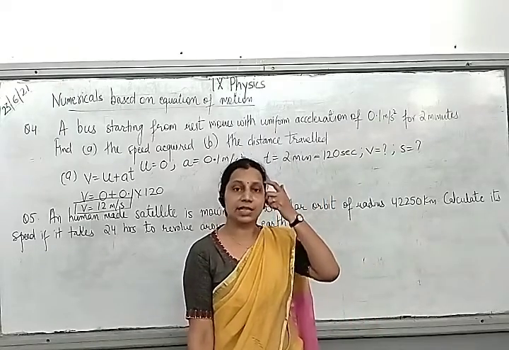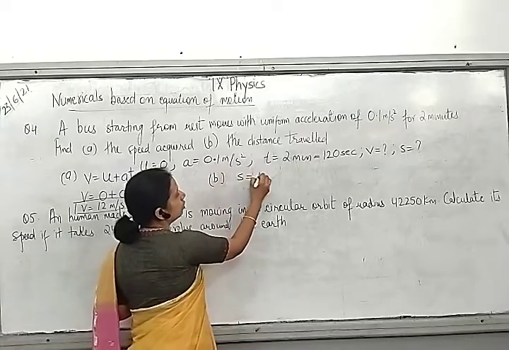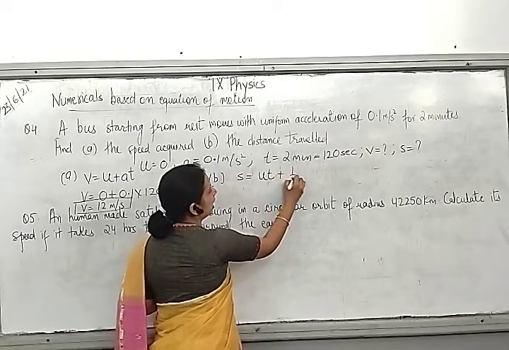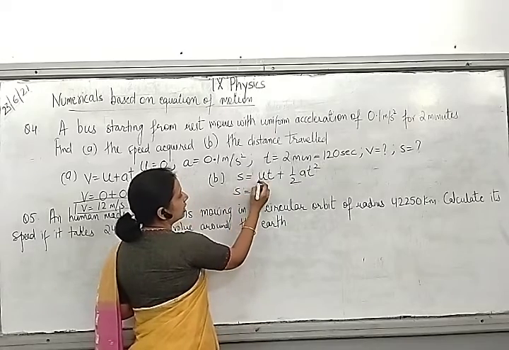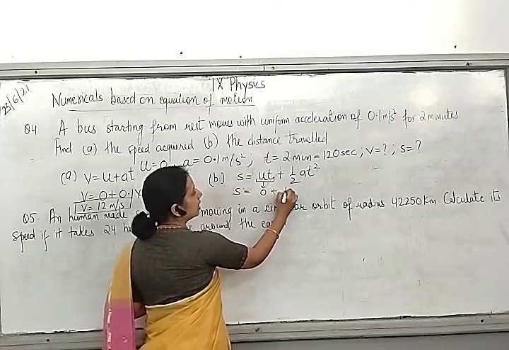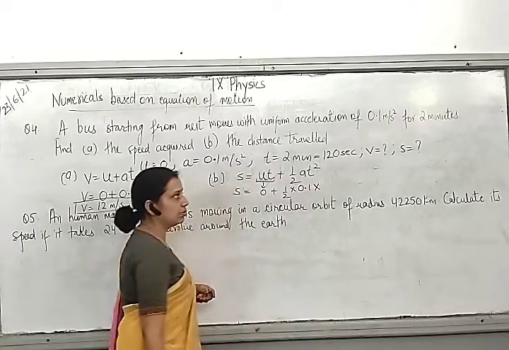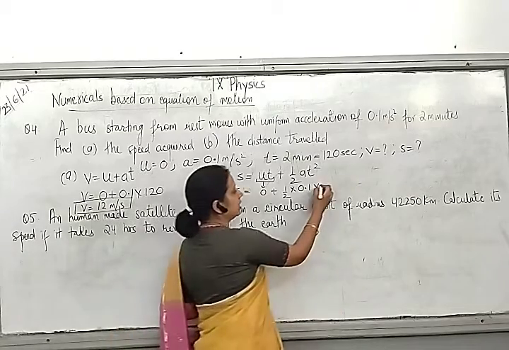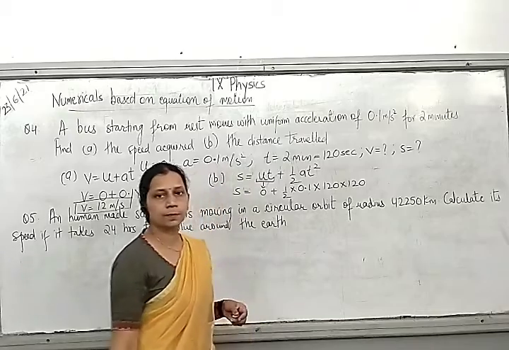Here I will use second equation of motion. S equal to ut plus half at square. This term will go to 0 because u is 0. So S is half, A is 0.1, and t square means time is 120 seconds, so 120 into 120.